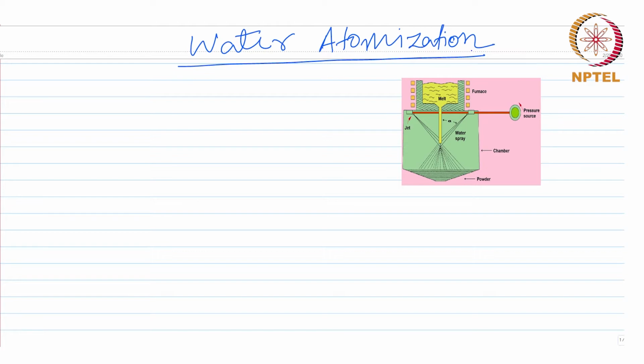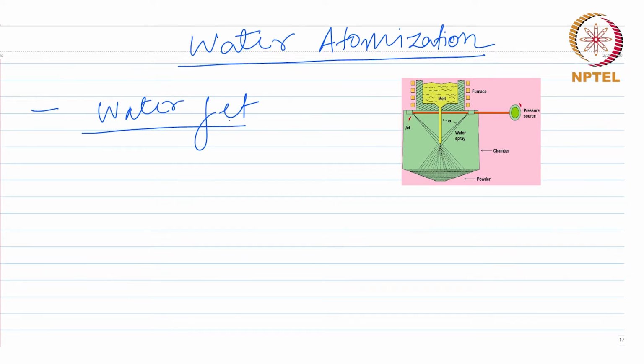The design is very similar to a gas atomizer, only difference being, as the name suggests, instead of a gas jet, in this case a water jet is used to atomize or break down the molten metal stream into finer droplets.